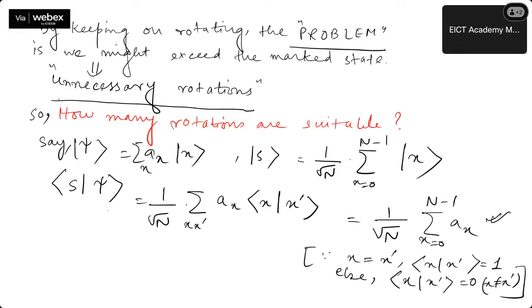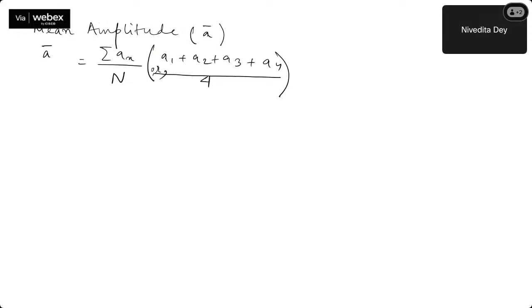So now where were we? Let me just write down this last expression once again. So we had something like this, the inner product of S and psi, which was 1 by root over n times sigma x AX. Now here, in place of this sigma x AX, if I write n into a bar, definitely we can write it down.